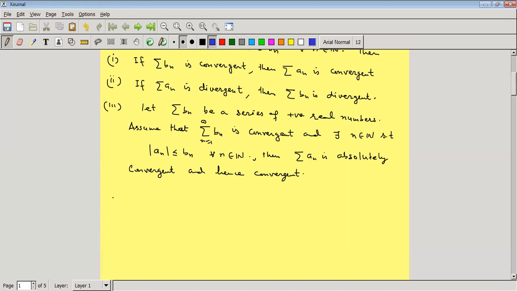Next is the harmonic p-series. But even before discussing the harmonic p-series, we have comparison test 2. Comparison test 2 is very useful while solving problems related to the comparison test.